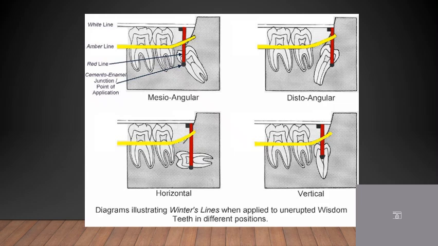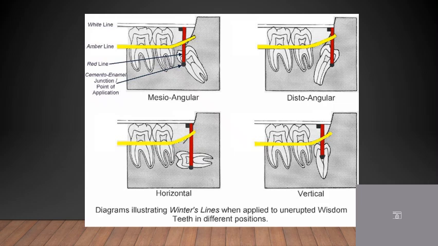As you can see, the entire set of war lines has been demonstrated, and the point of elevation can be appreciated in different ways. For mesioangular impaction, the point of elevation is in the anterior region, that is, the mesial surface at the mesial CEJ, the junction of your impacted tooth, whereas for distoangular tooth, the point of elevation is at the distal CEJ of the impacted tooth.